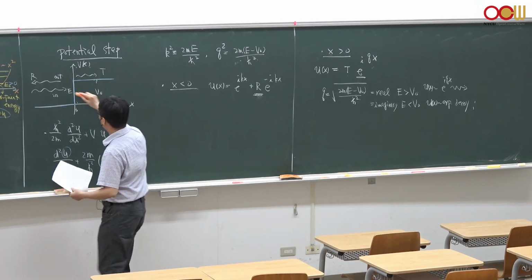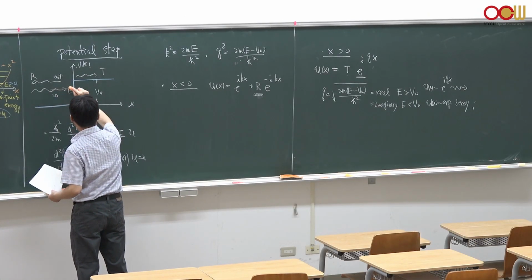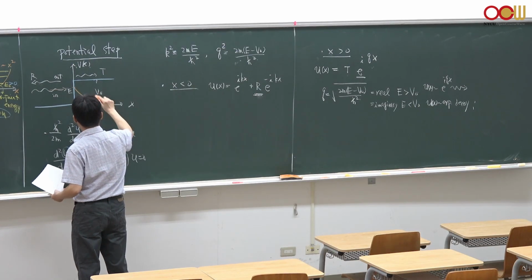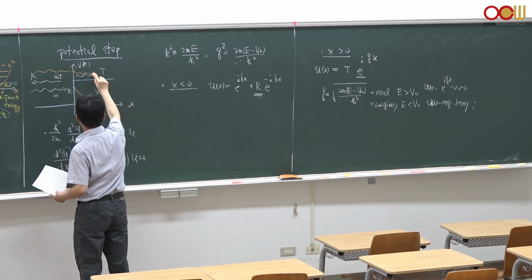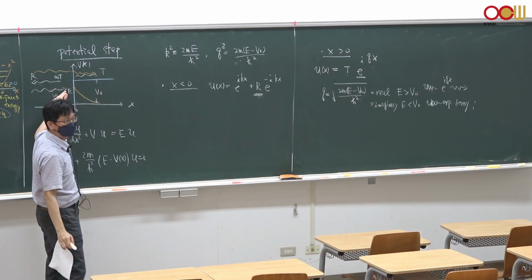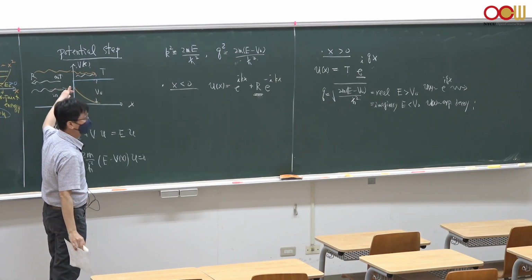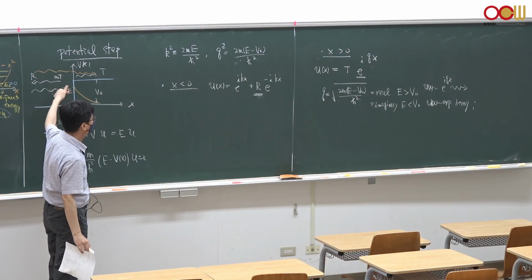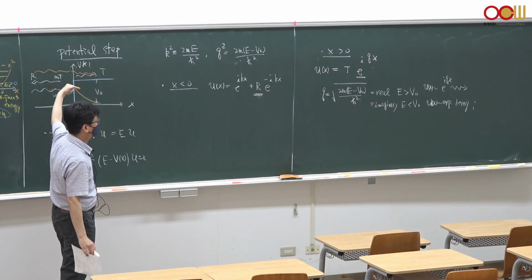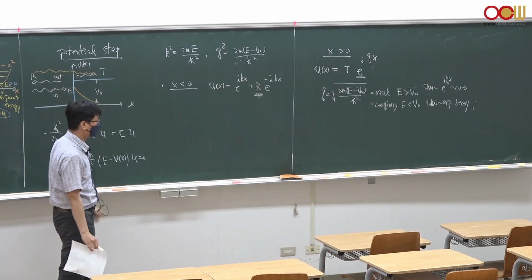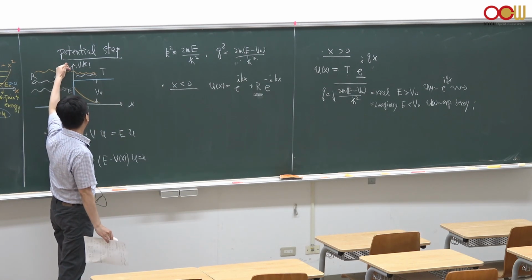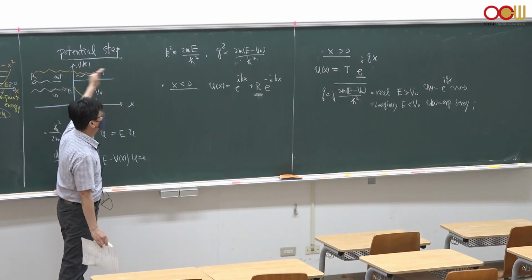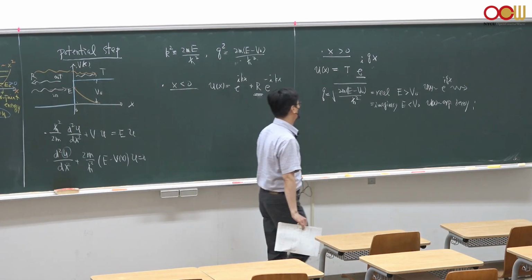We'll see that in just a moment: if you have such a low-energy incoming particle, then on the other side of the potential step, this wave function decays exponentially. But if the incoming energy of the particle is larger than the step, then you could easily tunnel through to the other side.